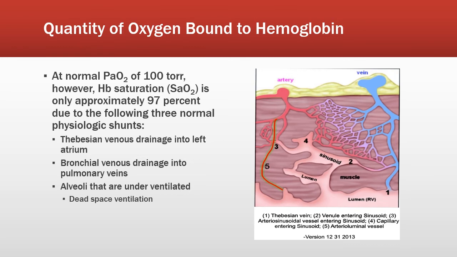At a normal PaO2 of 100 torr, oxygen saturation, or SaO2, is only approximately 97%. This is due to the following three normal physiologic shunts: the thebesian venous drainage into the left atrium, bronchial venous drainage into the pulmonary veins, and alveoli that are underventilated, or dead space.